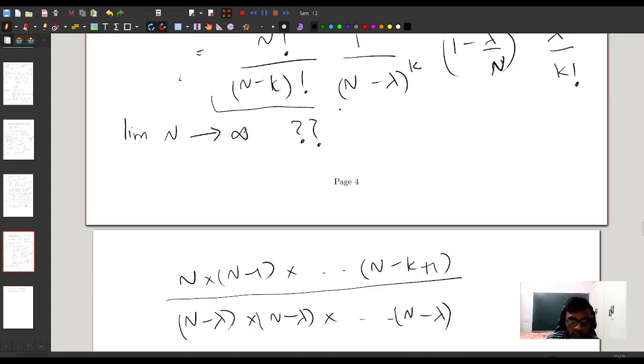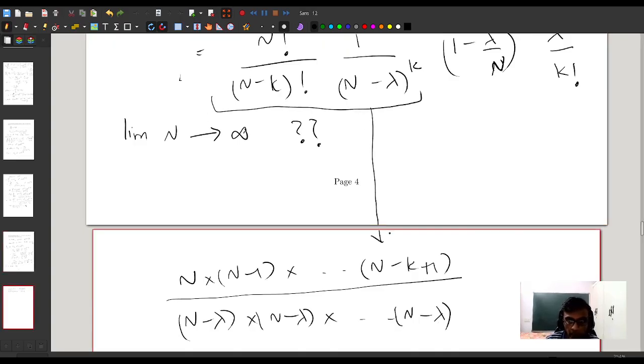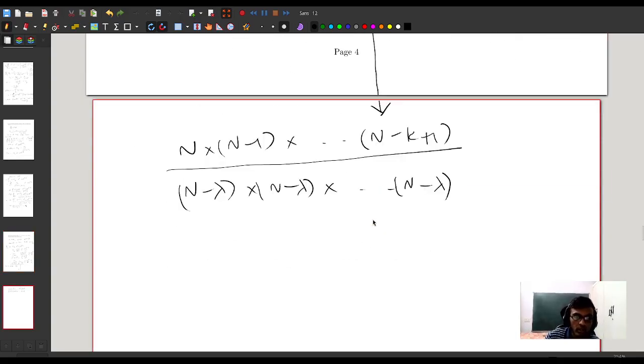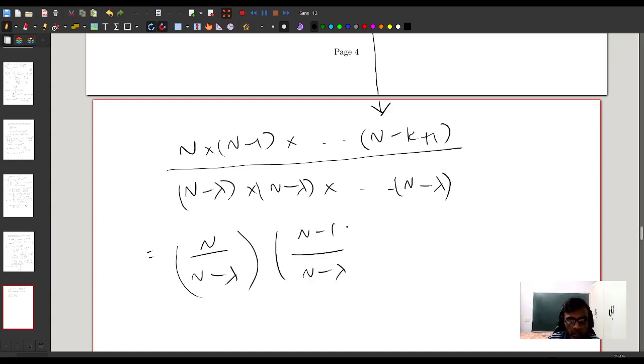So it's going to be n by n minus lambda times n minus 1 by n minus lambda, dot dot, n minus k plus 1 by n minus lambda.